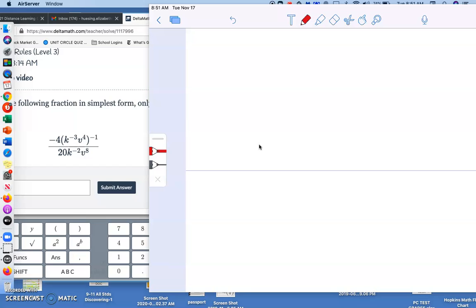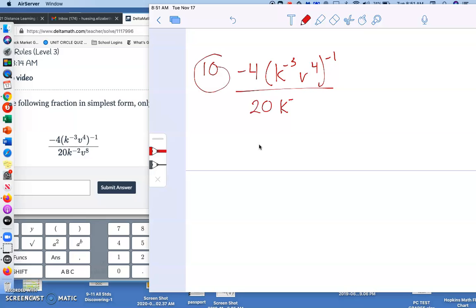So again, if I write this one out, we got negative 4, k to the negative 3, v to the 4th, all to the negative 1, over 20 k to the negative 2, v to the 8th. So we distribute first.